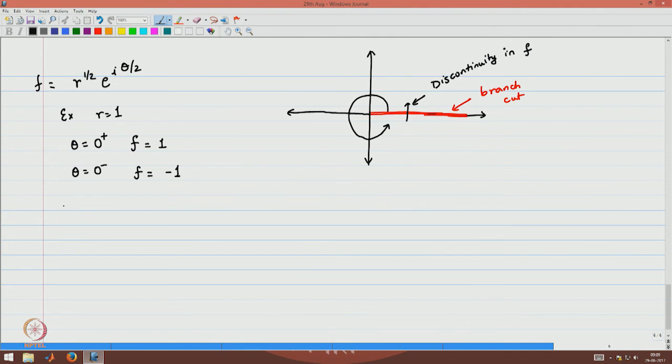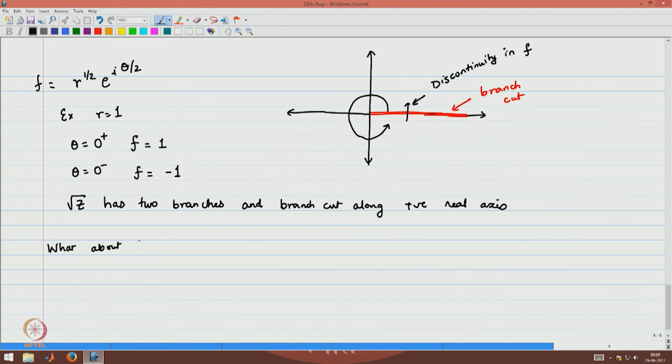So what we say is that square root of z has 2 branches, okay, and a branch cut along the positive real axis. Okay. So this is what we see from here. Now you know, things can become more complicated. Okay. So let us take the example of log.